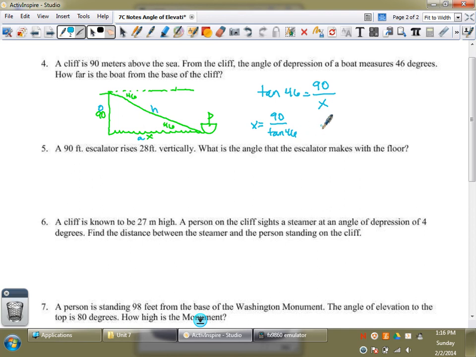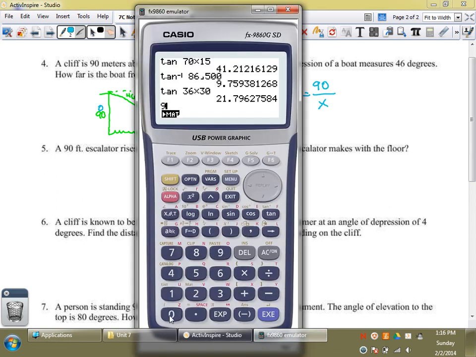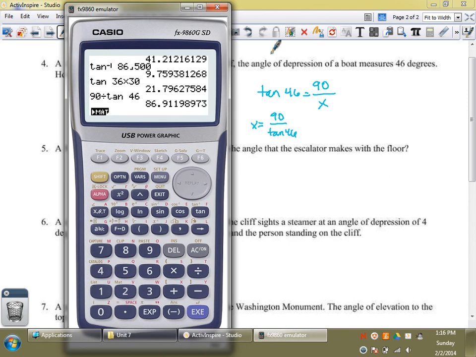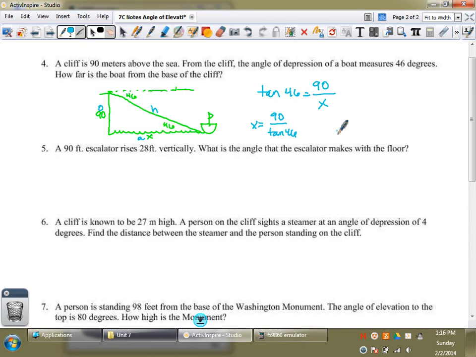If you watched the Getting Triggy with It video that I liked on my YouTube channel, they explain to you that when the variable's on the bottom, you just switch places. So 90 divided by the tangent of 46, and we get 86.9. So x is 86.9 meters. Let's take a look at number 5.